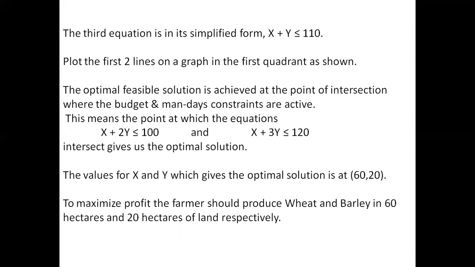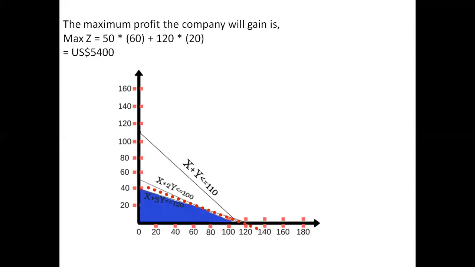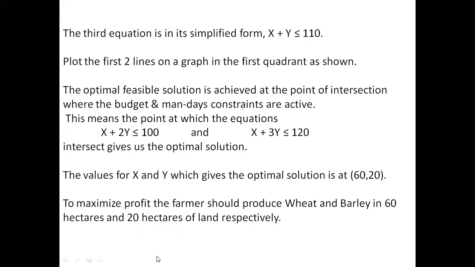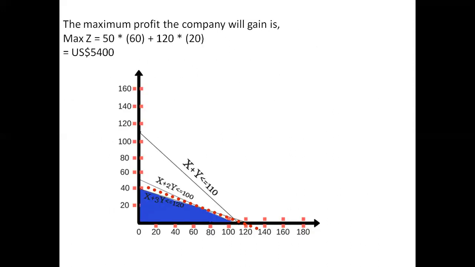So here the values of x and y give the final solution, which is 60 comma 20. How will we verify it, or how will we justify it?